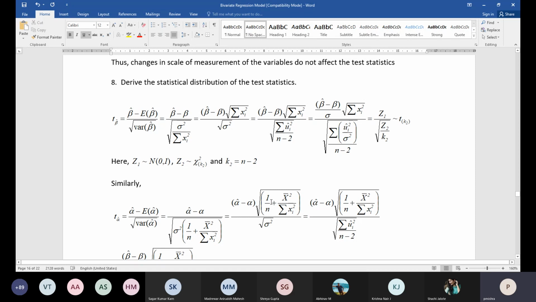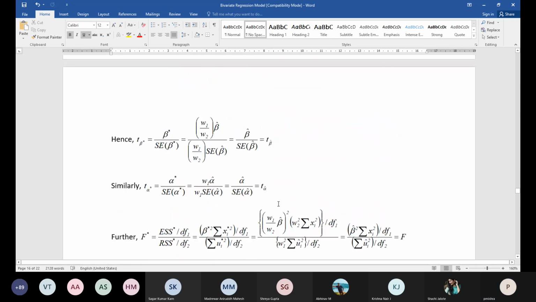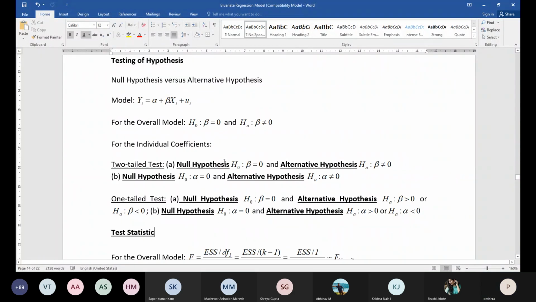So what are we trying to test? We are trying to test, for example, for beta, the hypothesis that beta is equal to 0.